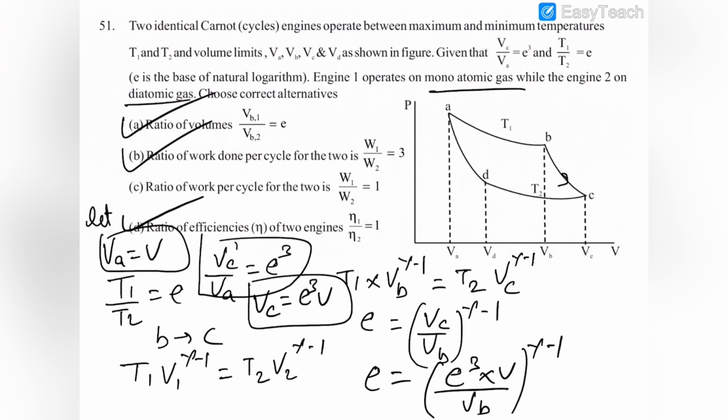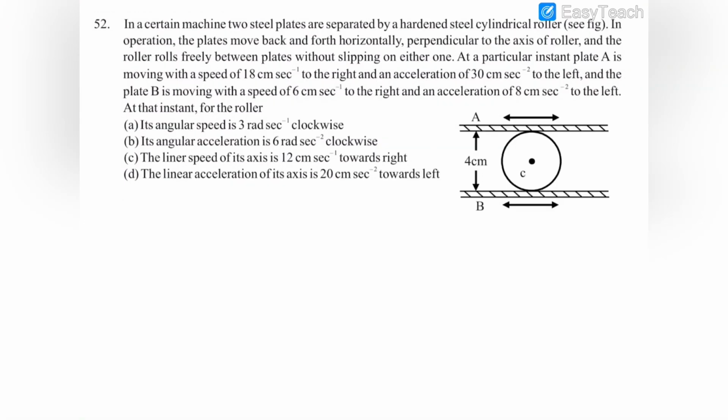Now we move on to the next question. In this question, there is a roller whose radius R is 2 centimeters, and there are two plates A and B on either side of the roller.